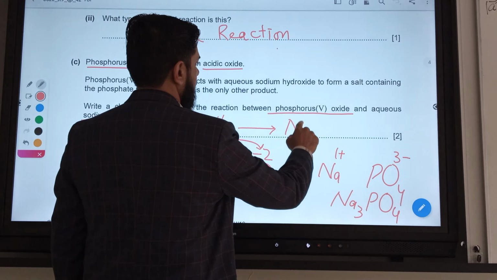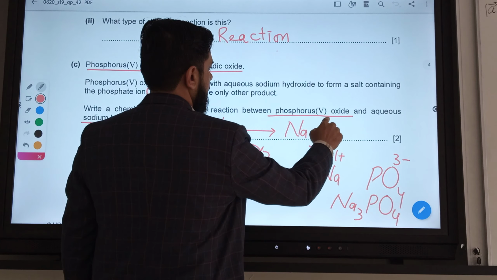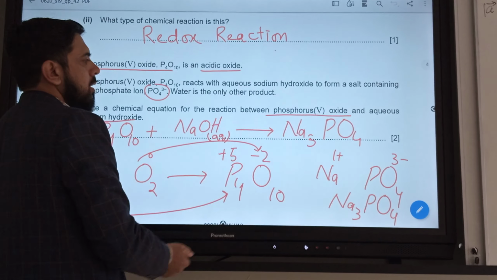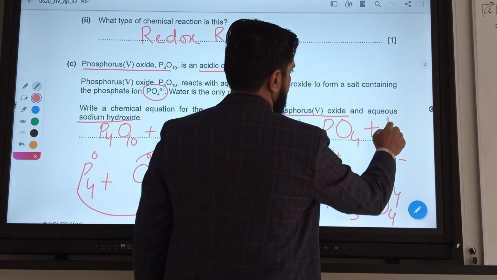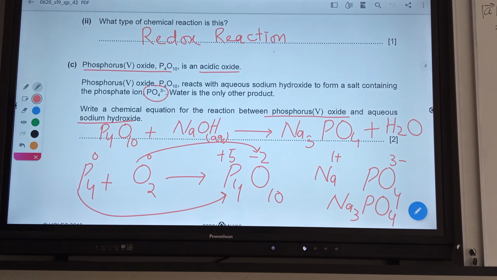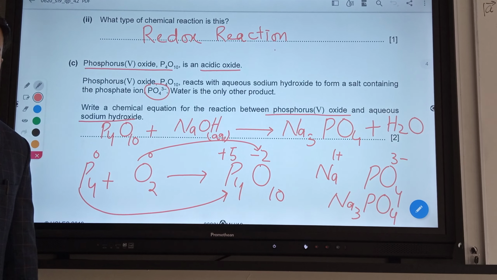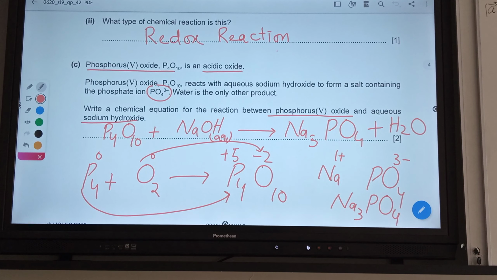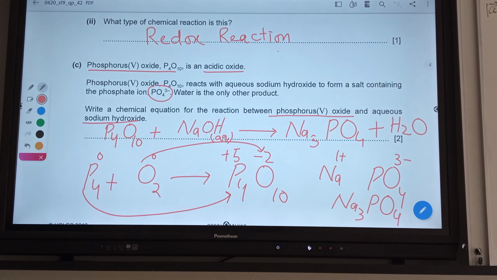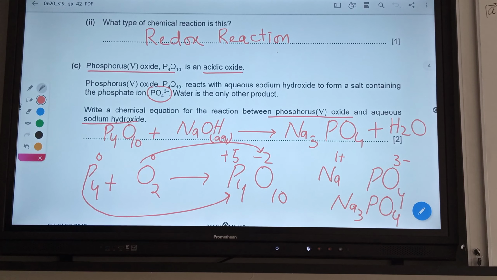Okay, so we got Na3PO4, and along with it we will get water, because acid-base reactions are neutralization reactions, and in a neutralization reaction, salt and water are formed. Now we only need to balance this equation.